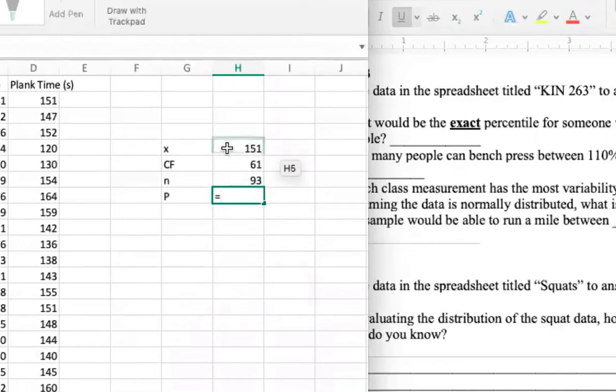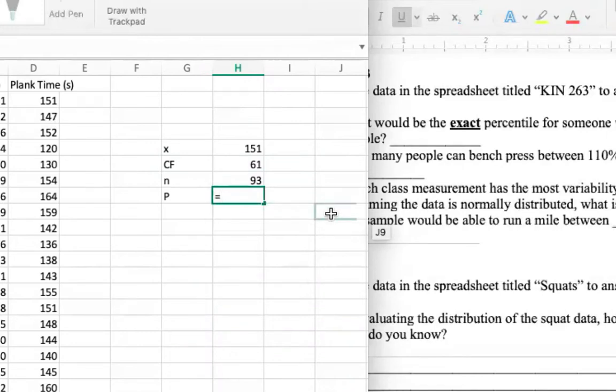Not quite. 151 is the raw score we're interested in, but the cumulative frequency at that raw score is 61. So 61 people out of 93 performed at or worse than this score.